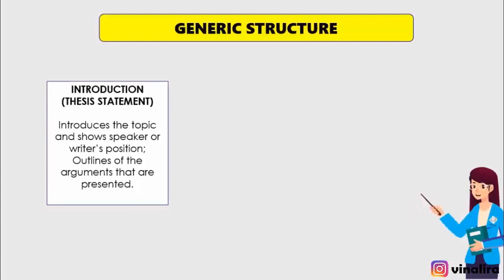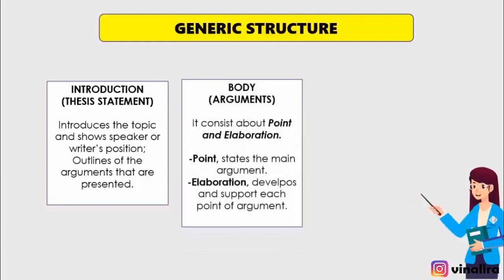It is an outline of the arguments that are presented. Next is body or arguments. It consists of point and elaboration. Point states the main argument, and elaboration develops the support for each point of argument.